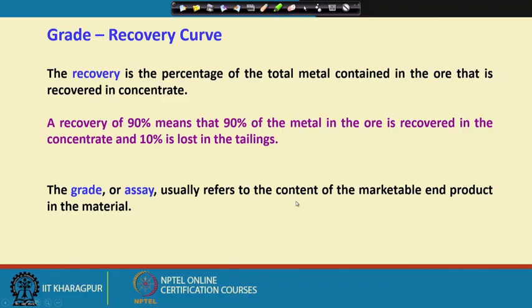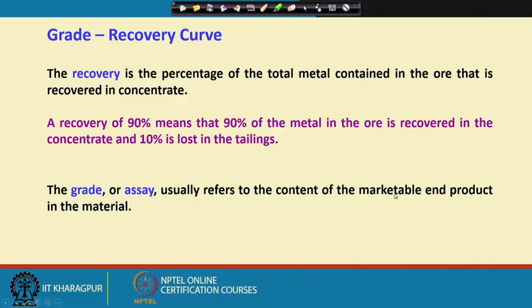at an optimum recovery. So, the grade or assay usually refers to the content of the marketable end product in the material. This is a strong word, marketable end product.